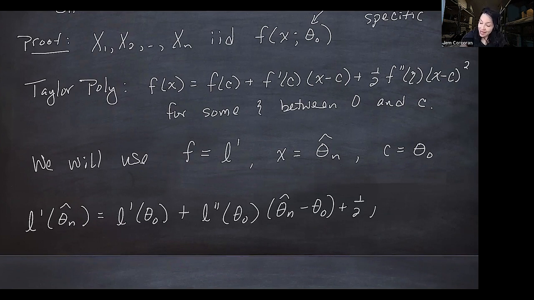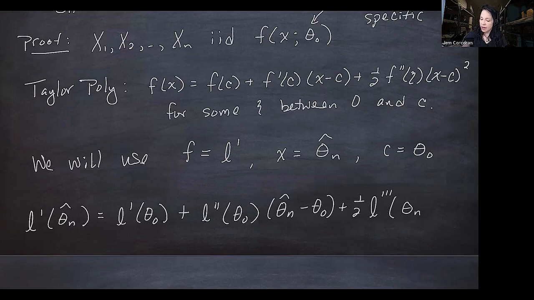So we need L to be three times differentiable. And sometimes I'll say, well, only to get this proof done, but maybe you can prove it in another way. But you actually need the log likelihood to be thrice differentiable. I don't know of any way to prove this without this assumption. So in here, I'm going to have something that's between c and x. C is a constant here, x is a random variable. So if that's moving around, the thing in between moves around. And we've done something like this before.